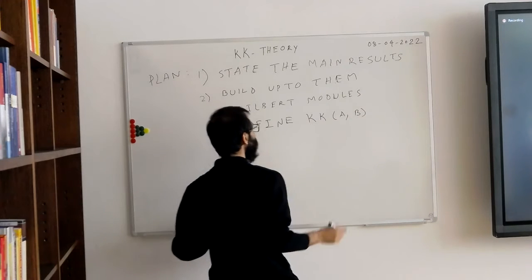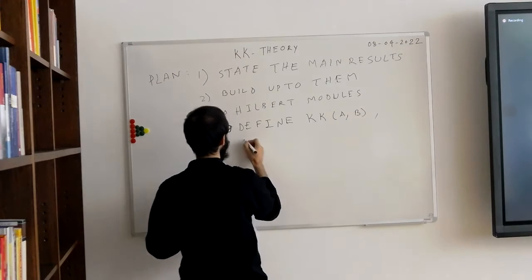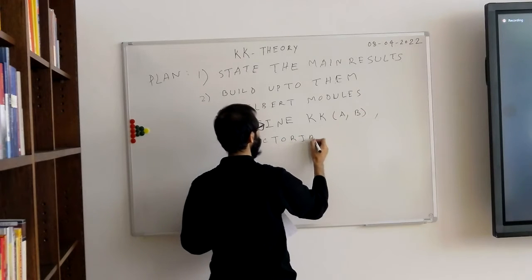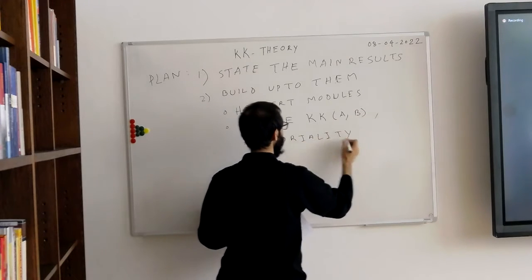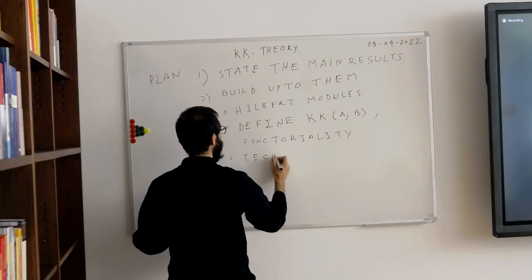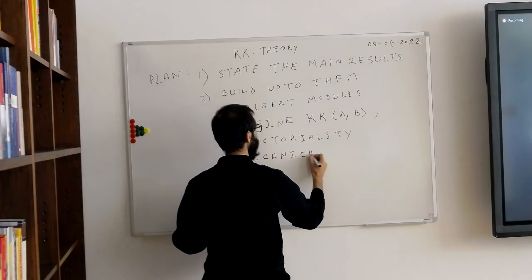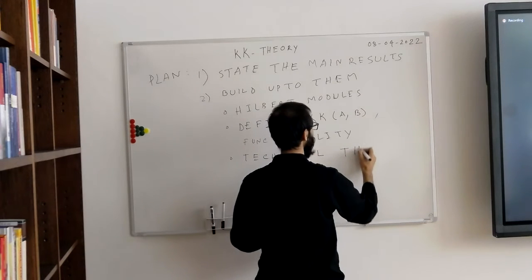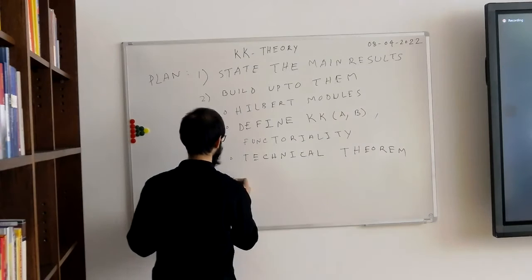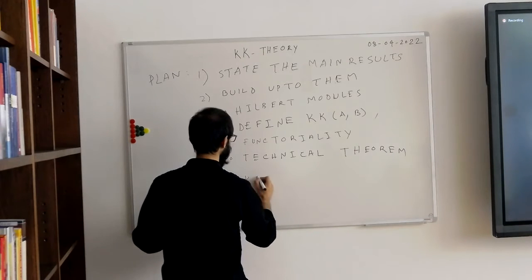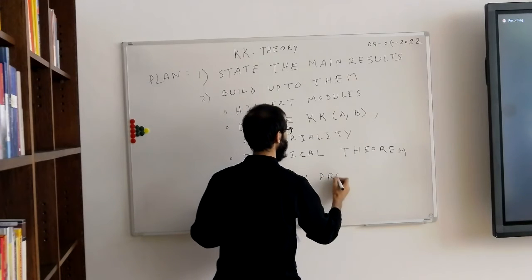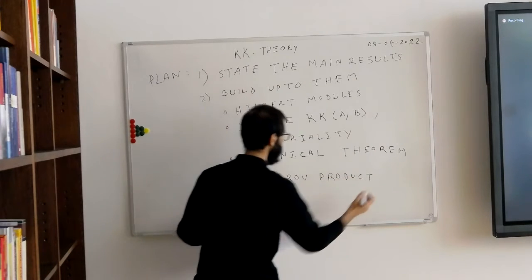We'll then define KK and state the functoriality. Then the technical part, which is called the technical theorem. And finally, the Kasparov product and its properties.